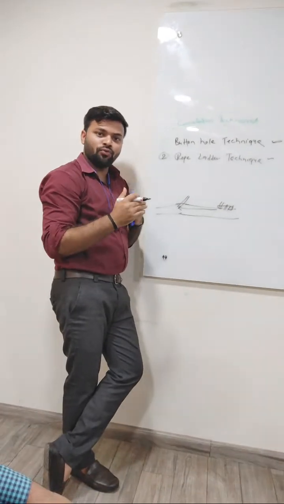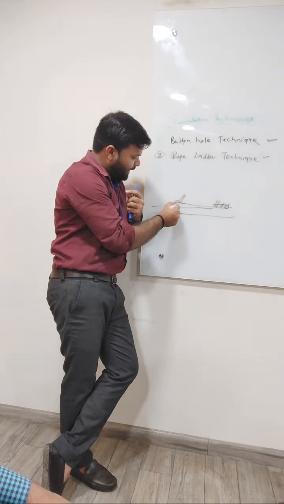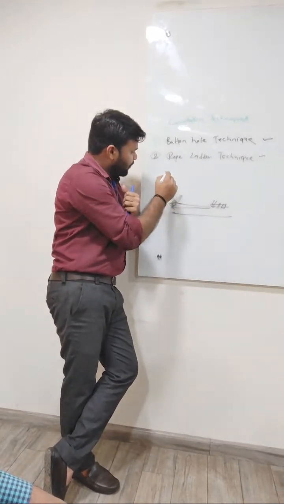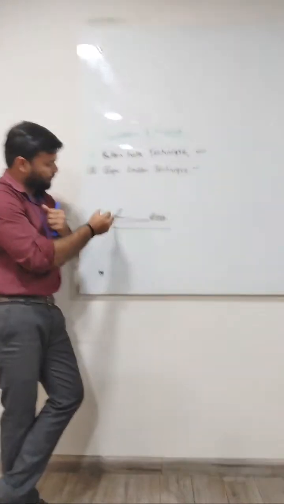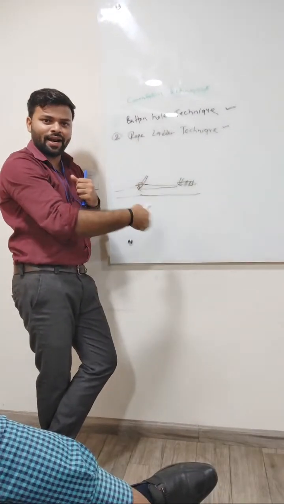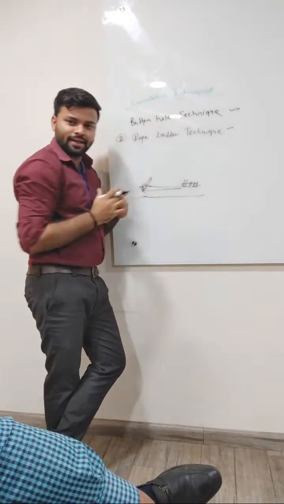For each dialysis, if we use the same point, it is known as the buttonhole technique. We are cannulating the patient's fistula at the same point again and again, every time.